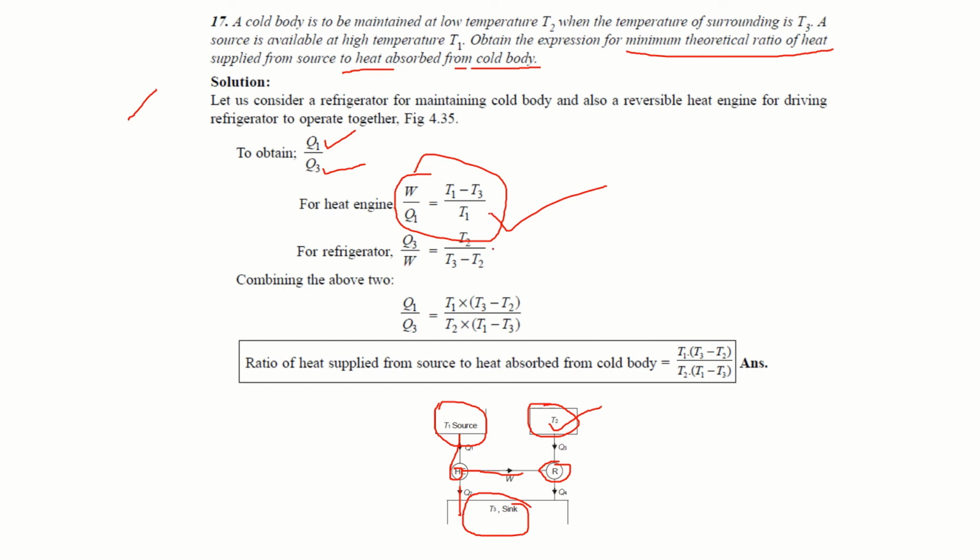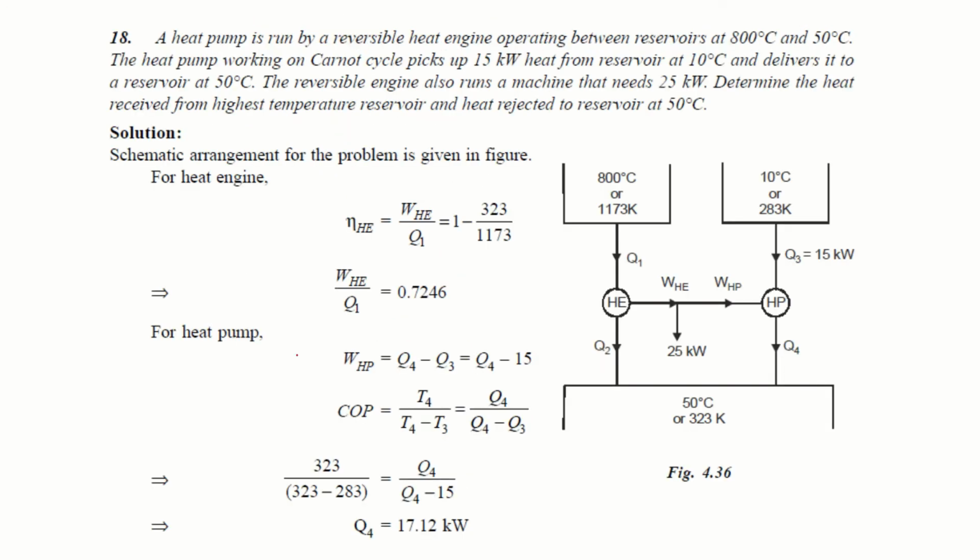For a refrigerator, this is the COP. So I divide one by the other, and then you will get the Q1 by Q3 ratio like this. So this is the relationship. You can just divide one by the other. It's not difficult.